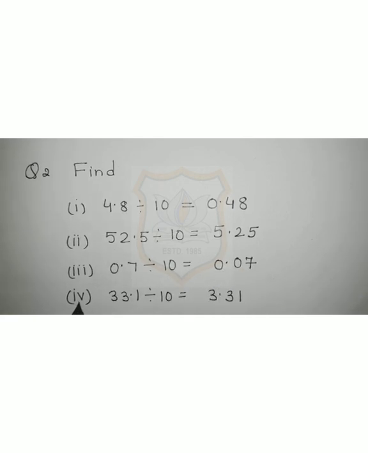Now the fourth part of question number 2 is 33.1 divided by 10. In 33.1, the decimal is after 1 digit, that is after 1, and in 10 there is only 1 zero. So this decimal will move 1 digit towards the left, that is it will come after this 3. So our answer will be 3.31.